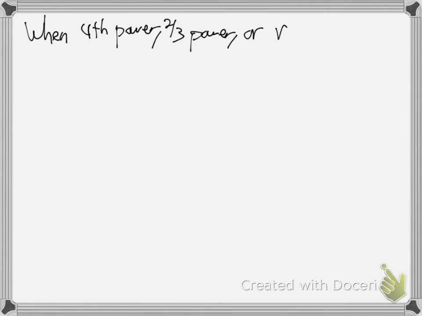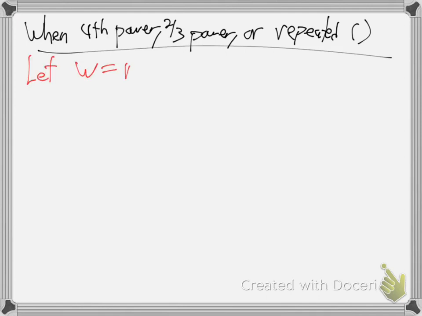So you've got to have on your 3x5 card for the test after tomorrow some plans. Here's one of them. When you see a 4th power or 2/3 power or repeated parenthesis, any of those kind, let W be the middle, W squared the front.